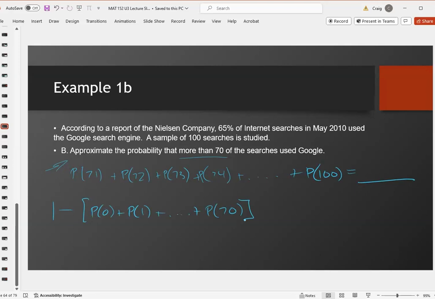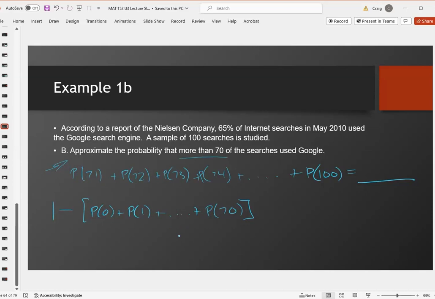We could use Excel to do it, but again, it's going to take a really, really long time to solve this type of problem, even just using Excel, typing it in, doing that kind of thing. Is there something we can do differently? Right? So this is where the normal distribution helps, right? This is where we can use that normal approximation.